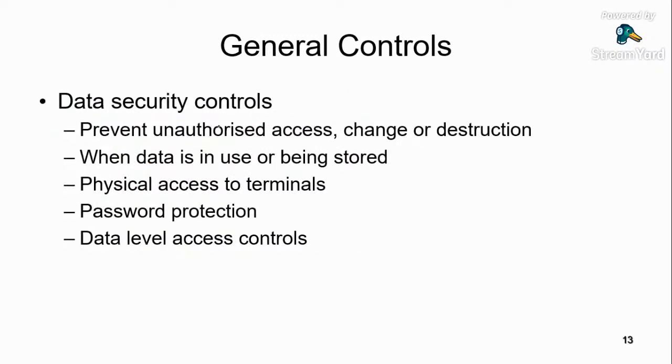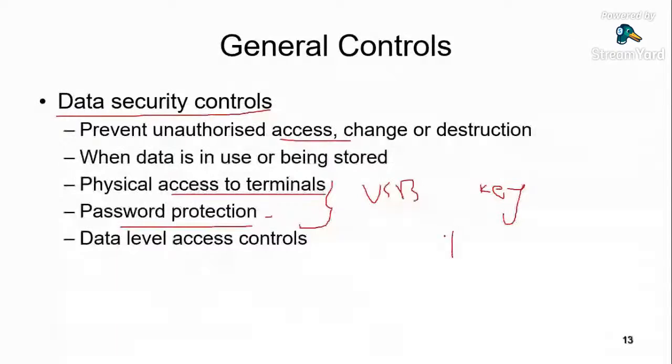Then data security control: how the data is accessed by what people, access rights, the access control list we have seen, that comes here. Then physical access to the terminal, passwords. So here you have the password, and nowadays there are also USB tokens or keys. Along with passwords, we use this so that even if someone knows the password, unless the person possesses the hardware key, the person will not get access.